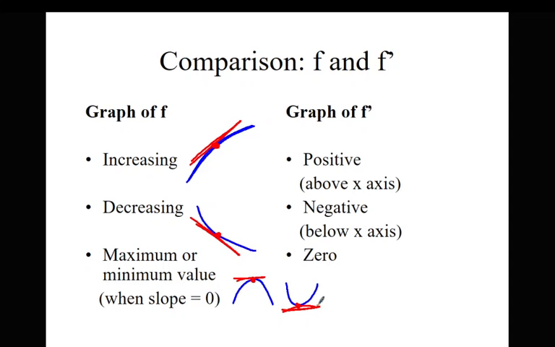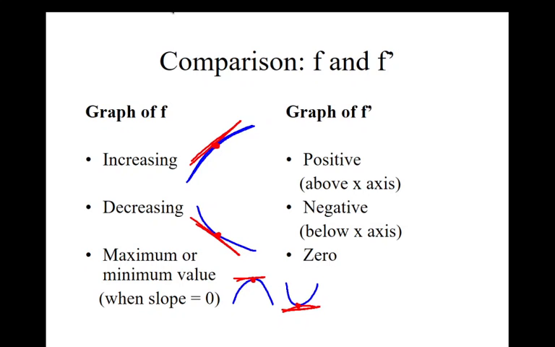And the slope of a horizontal line is 0. This is going to become really, really important. Any questions on this? This is something you're just going to have to know. There are many times on a quiz where I'm going to actually ask you to write down this chart from memory.